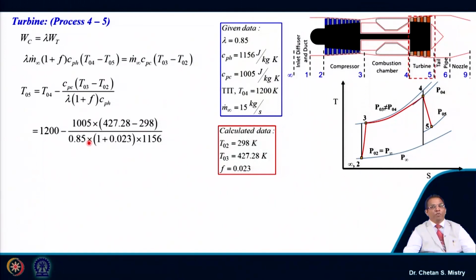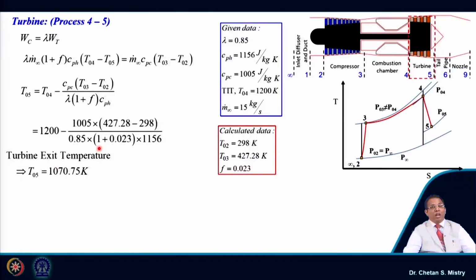My T04 is given as 1200 Kelvin. My Cp for air is 1005. Temperature values are known to me from the previous calculation. If we put all together, my turbine exit temperature comes to 1070.75 Kelvin.